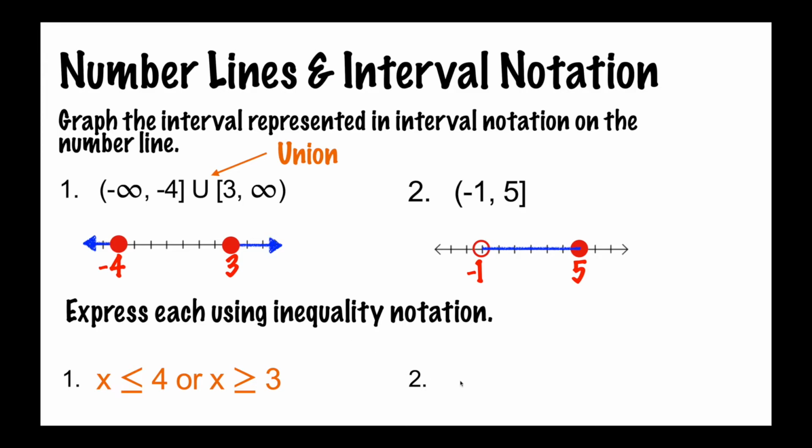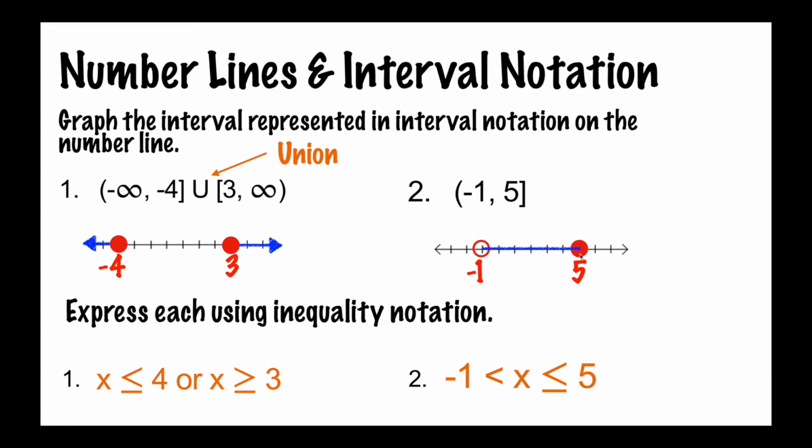And then for number 2, again, this doesn't have two separate parts the way that number 1 did, so we're just going to have one statement here. And it's going to start with -1, and then from -1, we can see that all the values for x have to be bigger than -1. So if I put x in the middle here, then x is greater than -1.